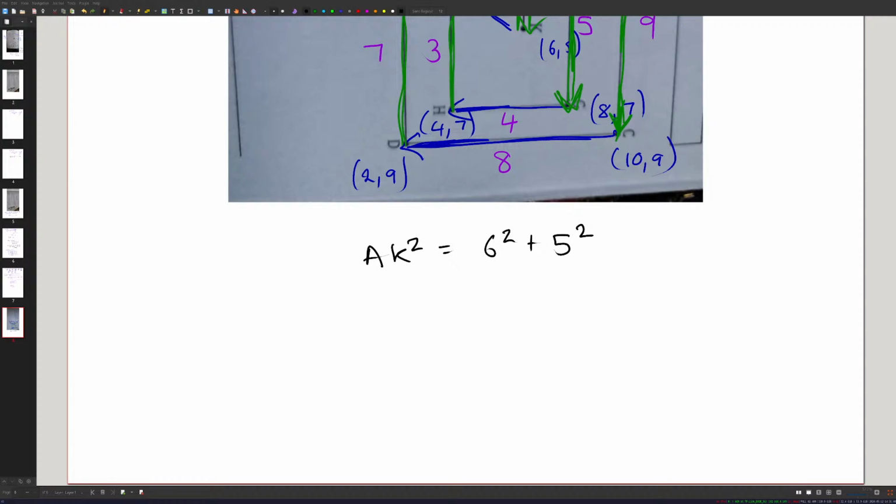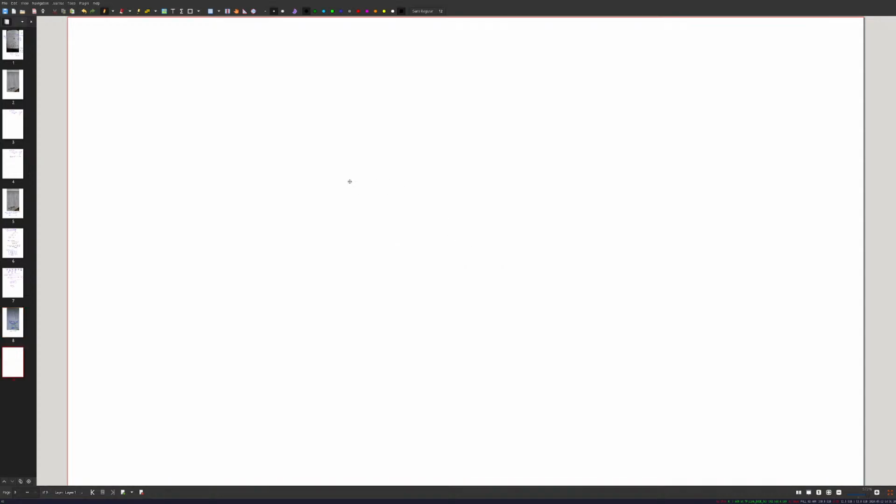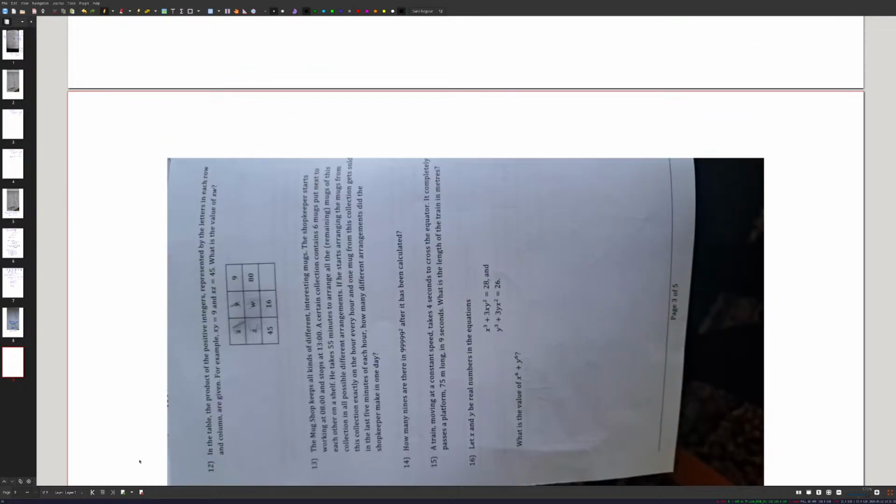Question 12. Let me just find the picture. Okay, here we go. This is now the equations page in this paper. Still Afrikaans.